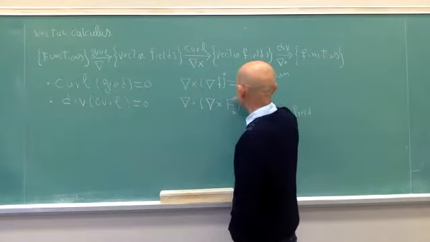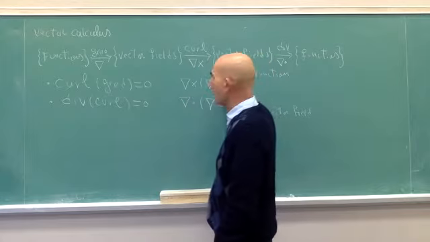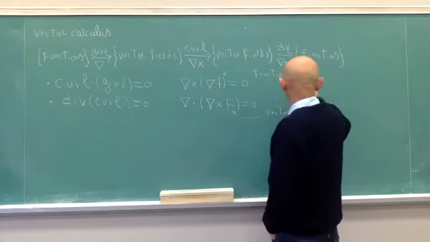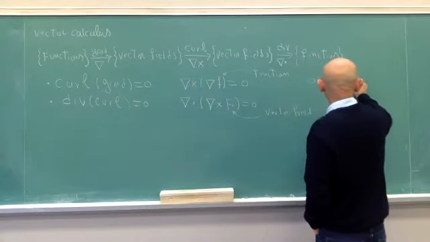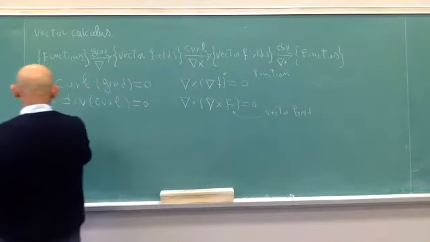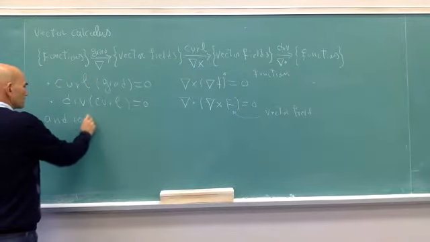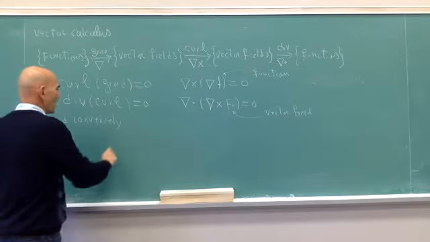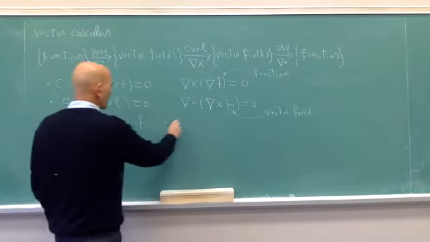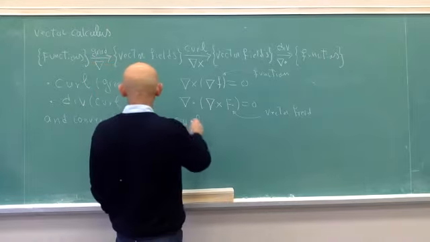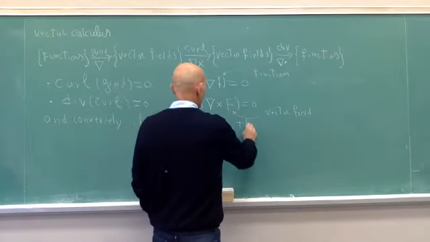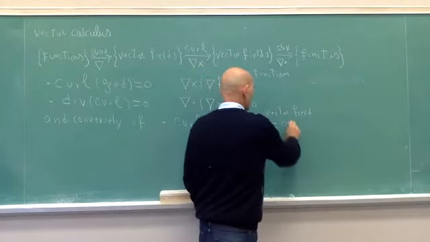Namely, if you have a vector field F whose curl is equal to 0, then F is the gradient of something, f.